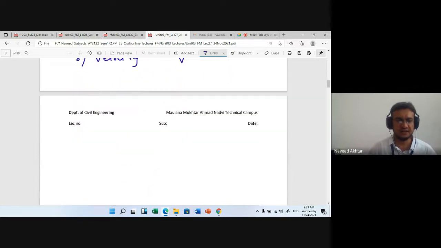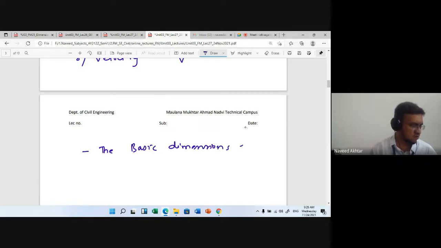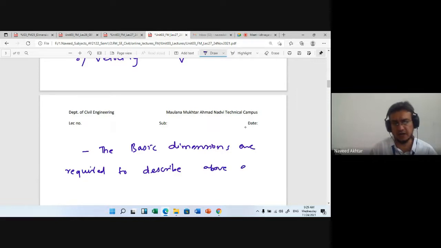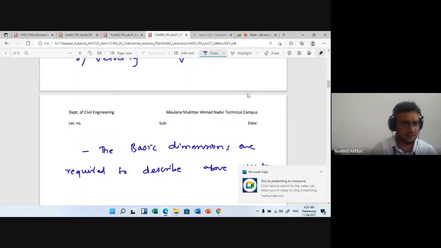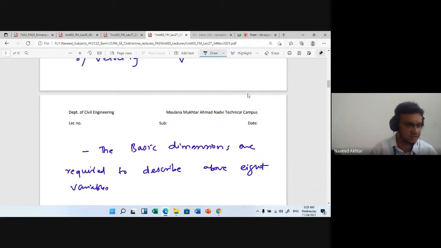In this, the basic dimensions are required to describe about eight variables.